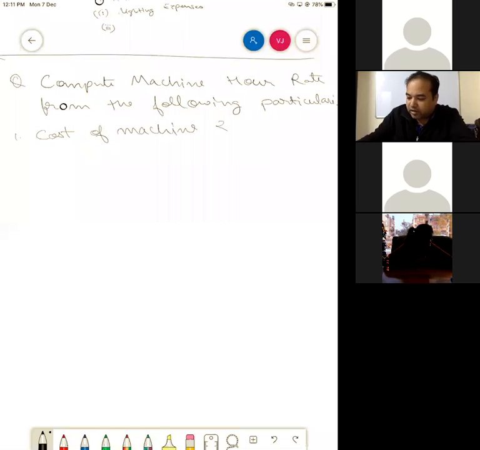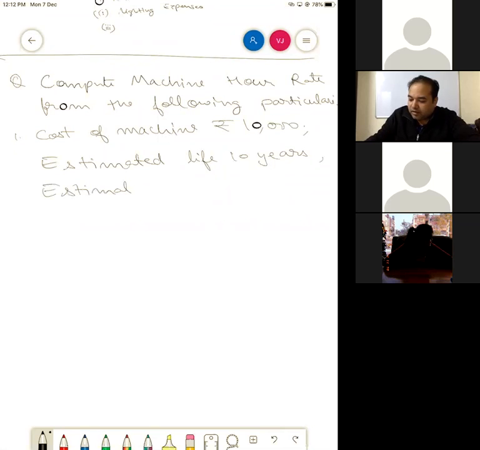Cost of machine rupees 10,000. Estimated life of machine 10 years. Estimated scrap value rupees 1,000.